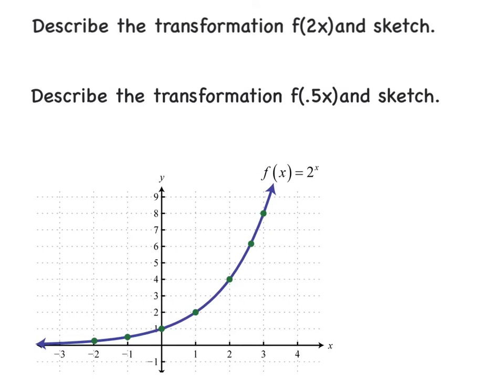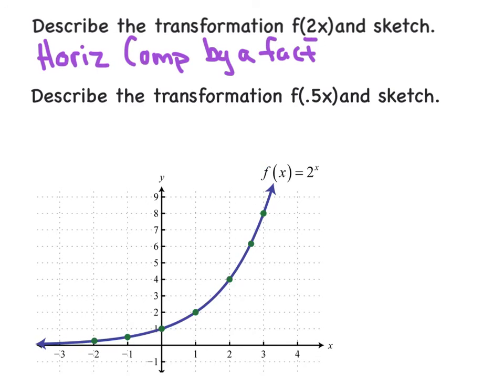Well, I saved our favorite one for last, and the theme here is what? Our multiples are now inside the parentheses, so our theme here is going to be horizontal stretching or compressing. And we'll get kick-started here. This 2 right here indicates that we have a horizontal compression by a factor of 2, which in English means we are dividing.